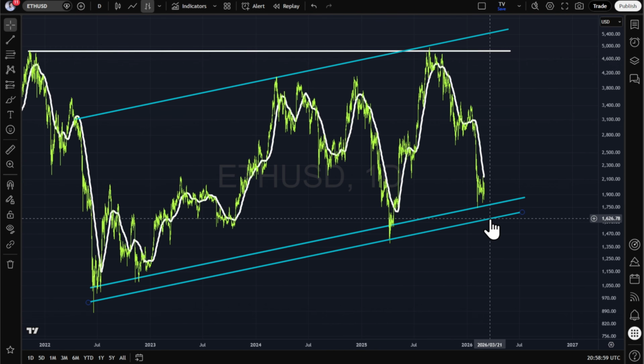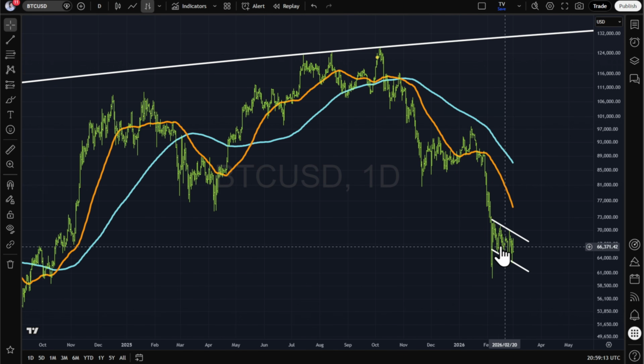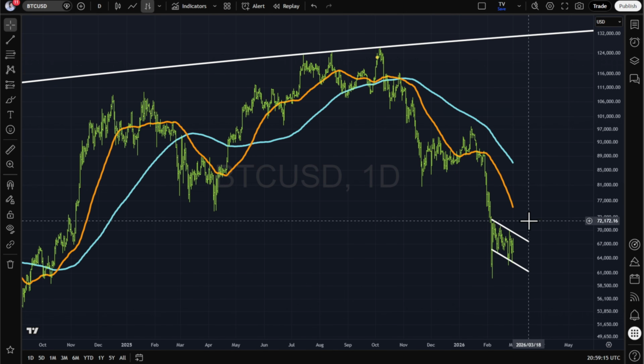But we're getting closer and closer to potential important supports, so the likelihood of turning bullish on Ethereum increases over time. I find this interesting because the picture for Bitcoin does not look as bullish. For Bitcoin, we are still quite far away from the best moving averages, and that might be a potential turnaround. Maybe Ethereum can soon outperform Bitcoin again.